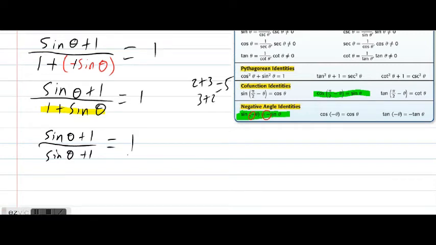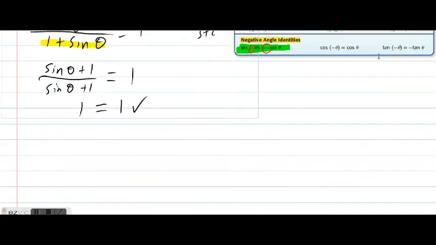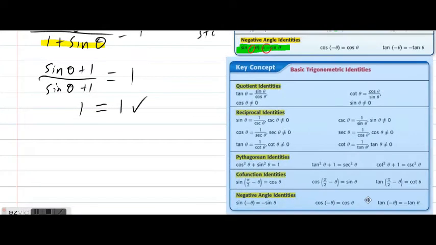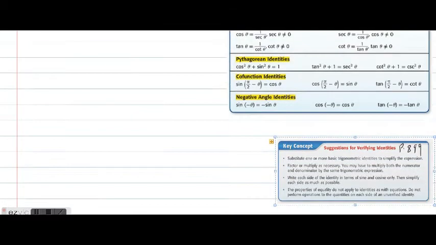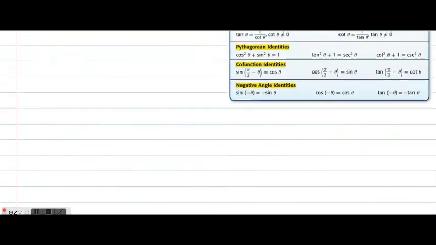And again, remember, I'm trying to prove that this equals 1. Sine of theta plus 1 over sine of theta plus 1. 1 equals 1. I hope you guys are realizing that this is basic algebra that we're using with trig functions. Alright, I hope you guys are noticing that.